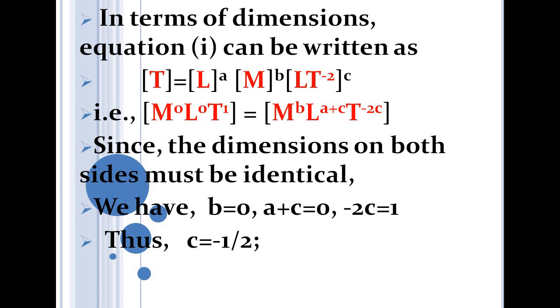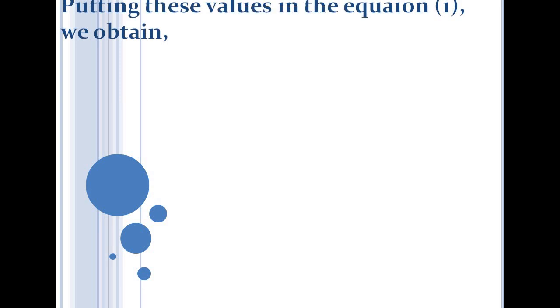Now using the value of C in the equation A plus C equals 0, we get the value of A as 1 by 2. Now putting these values of A, B, and C in equation 1, we can rewrite it as T equals K, L power half, m power 0, g power minus half.